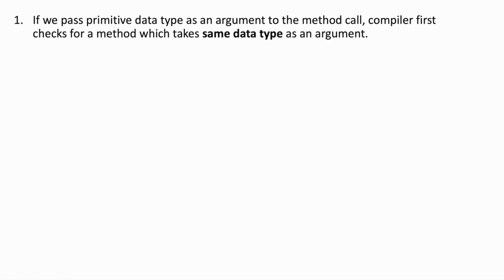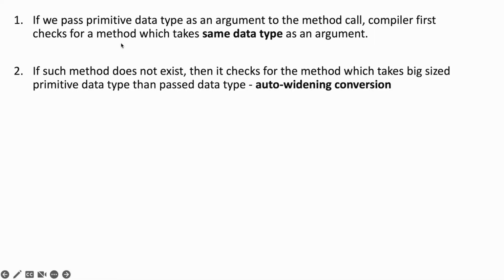Based on the examples, we have understood that if we pass a primitive data type as an argument to a method call, the compiler first checks for a method which takes the same data type as an argument. If it is there, that method will be executed. If such a method is not there, then it checks for methods which take a bigger primitive data type than the passed one. This is called auto-widening conversion.